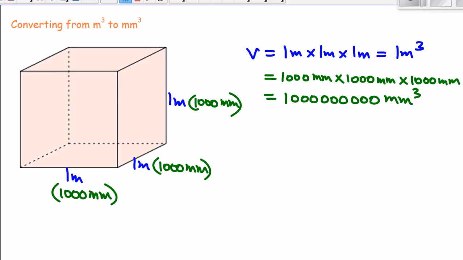So that implies that 1 meter cubed is equal to 1 billion millimeters cubed.